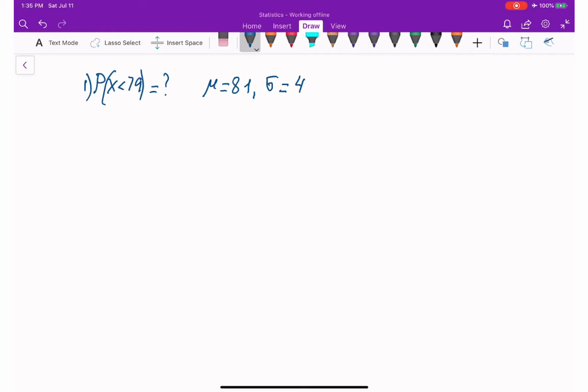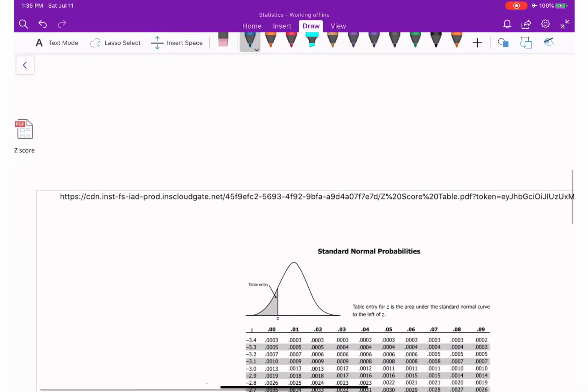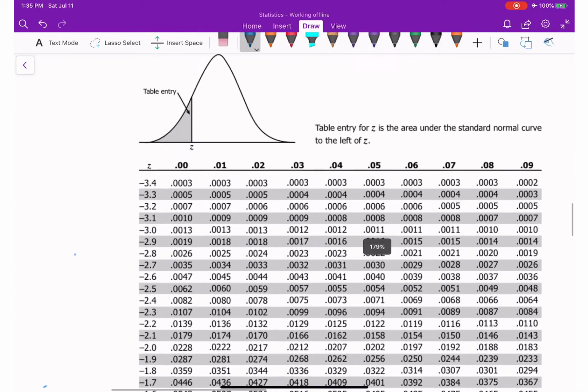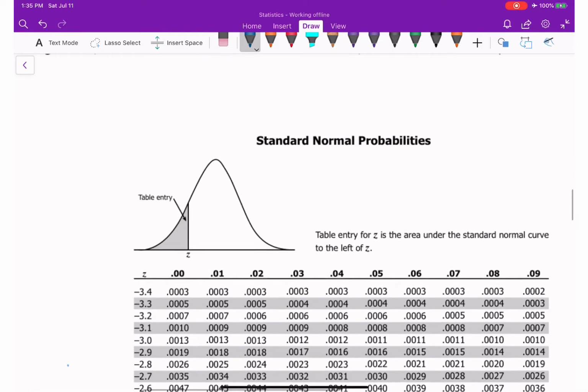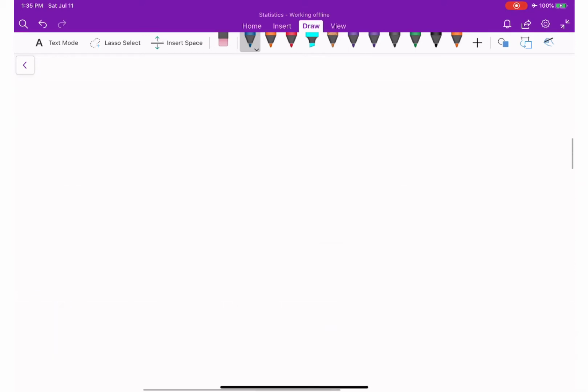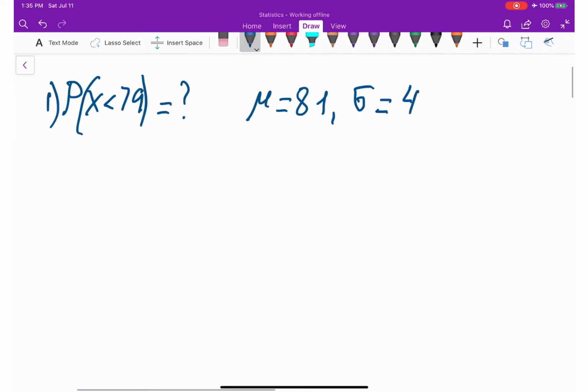Okay, so first of all, we know that access to the z-score table we can have only through z-score. So with the data we have, we don't have direct access to the table. So at this point, we are going to calculate the z-score first. Formula for z-score: x minus mu over sigma.